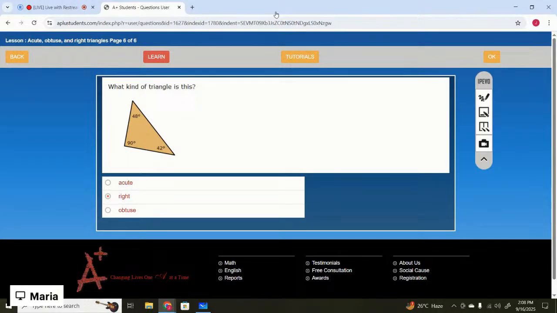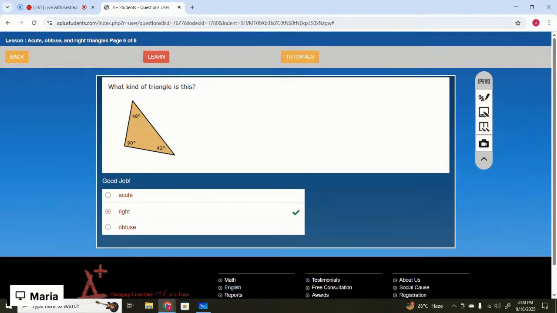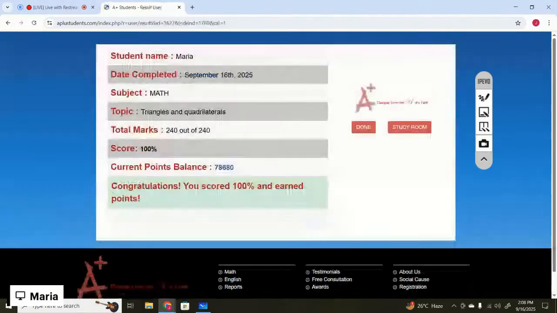What kind of triangle is this? That is a right triangle. Option number 2 is the correct option. Okay, we are done with the lesson. Let's just move on to the next lesson.